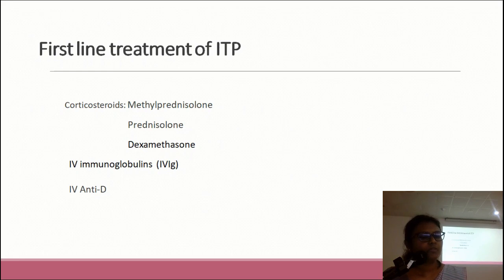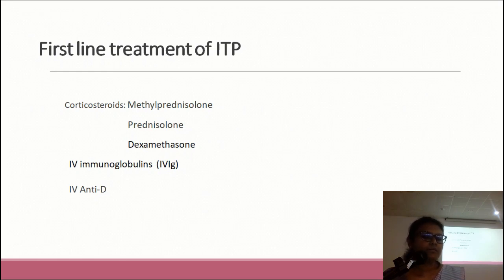When we prescribe corticosteroids, we should consider the side effect profile as well: gastric protection, osteoporosis depending on the age groups, and they can precipitate psychosis, impaired blood sugar, hypertension. All sorts of side effects should be addressed. IV immunoglobulins are normally used in emergency situations when we need rapid increment of platelet count.